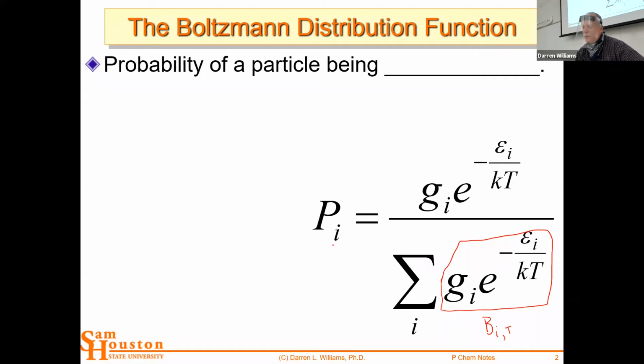So this is the probability of being in quantum state i. We have these different pieces that depend upon what quantum state you're in. And then this piece in the denominator is the normalization function, right? It's the sum of all possibilities. So this is your typical probability, the event you're interested in on top, and the sum of all the possible events on bottom.